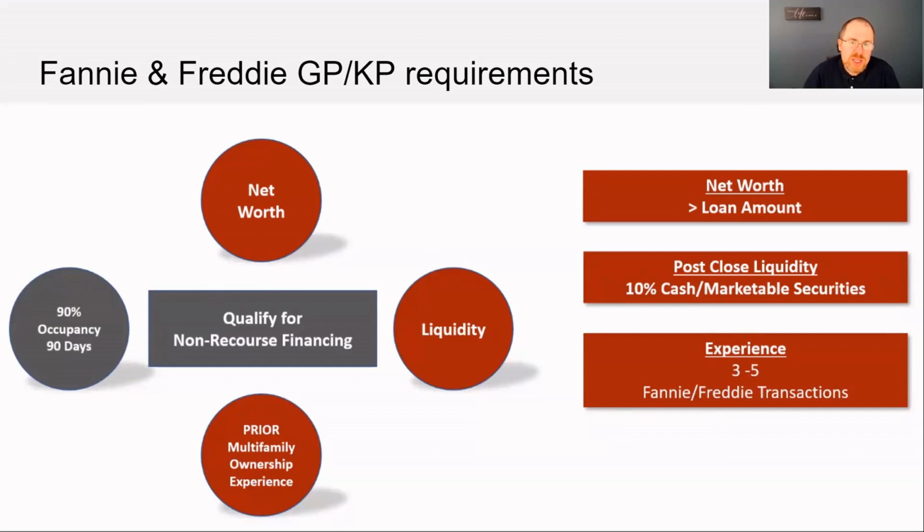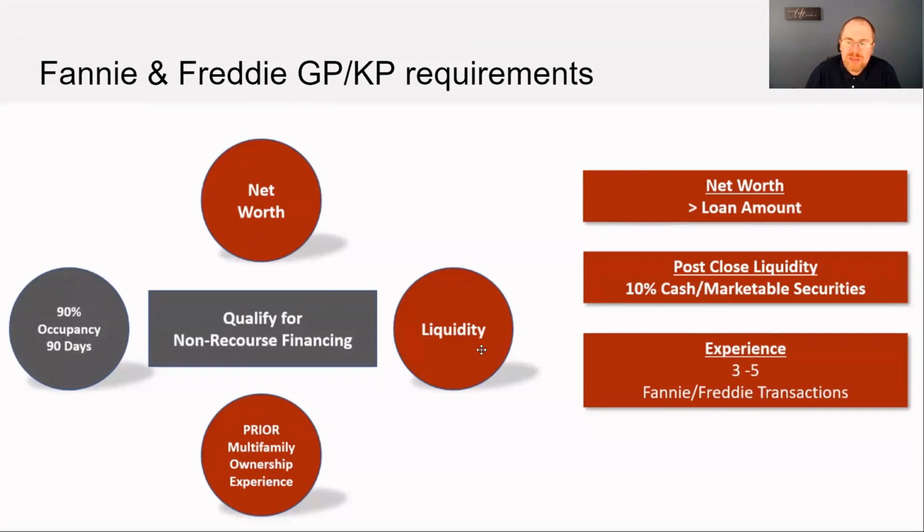So Fannie and Freddie GP or KP requirements, meaning the people signing the loan. Actually, there's a little more than that. The basic requirement from a property standpoint is 90% occupancy over 90 days. And to qualify for the non-recourse financing of Fannie and Freddie, you need a net worth greater than the loan amount, of the people signing the loan.